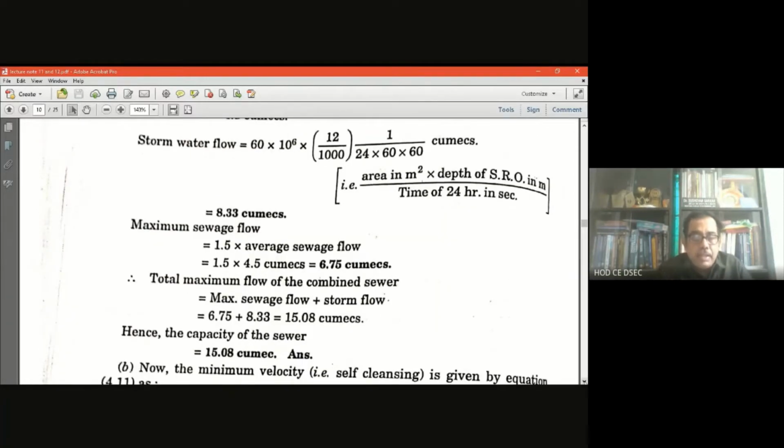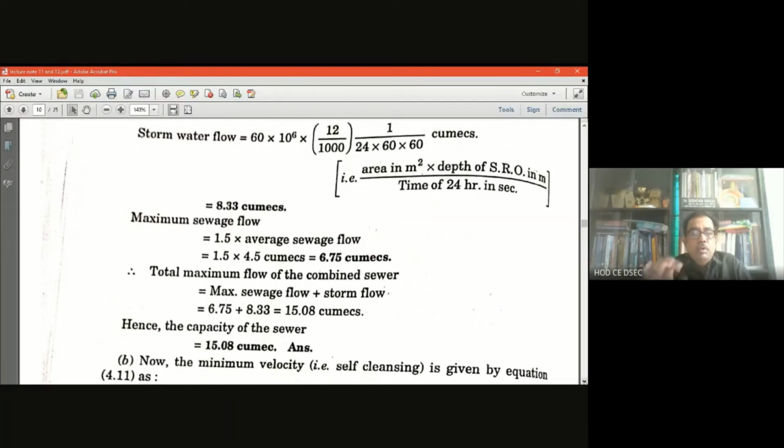In this particular case, it has to be highlighted that no peak factor or multiplying factor is applied. The multiplying factor is taken care of only for the sewage flow, not for the storm flow. So when I add the storm flow, the exact storm quantity, that is 8.33 Qmax, has to be added with the maximum sewage flow, which is the design discharge of 15.08.